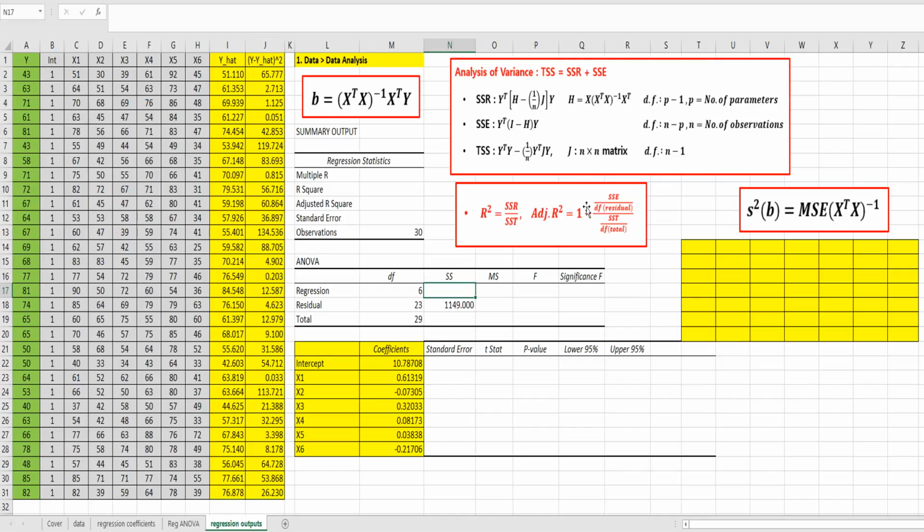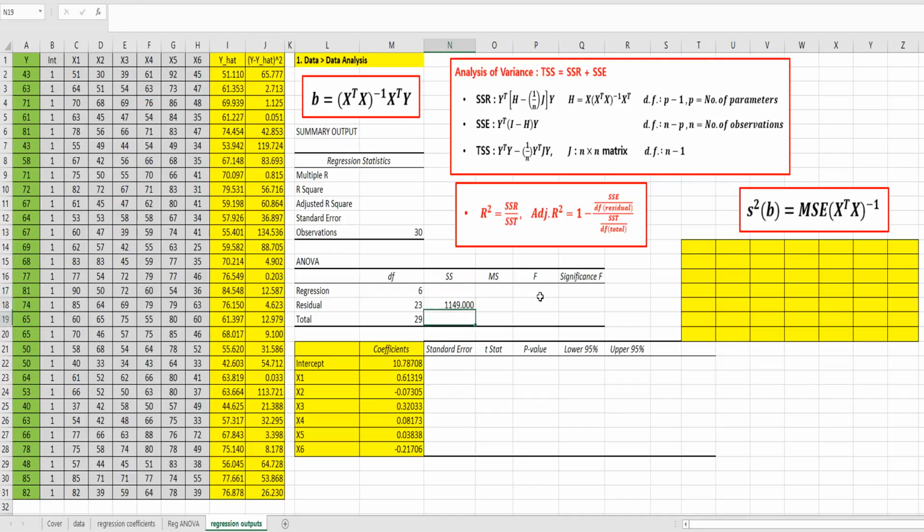Instead of calculating the regression sum of square directly, let's get the total sum of square first. Then we can use this one to get SSR.